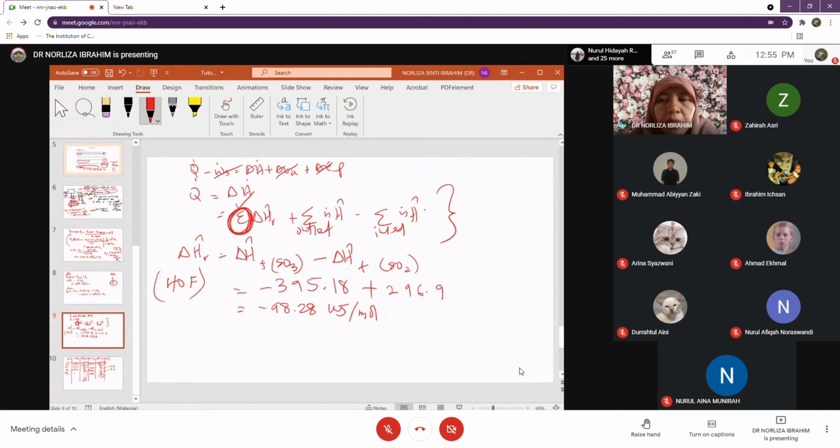It is up to you to solve the question using the heat of reaction method or the heat of formation method, because we need to prepare an open question, so no specific method.